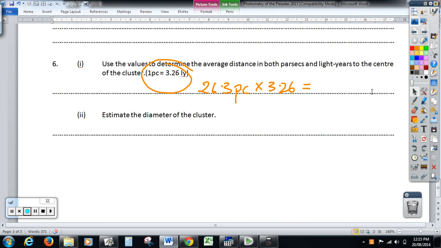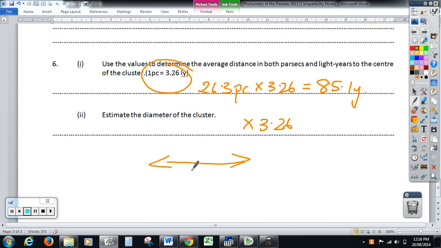Okay, and remember that was just done with this one here. You've got an average value for all of those three that you've done. If you did this in class, you would have had all 8 done, and then you could use that average and multiply it by 3.26, and you get the average distance.